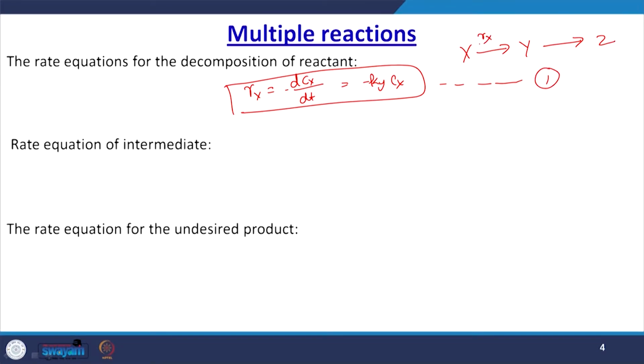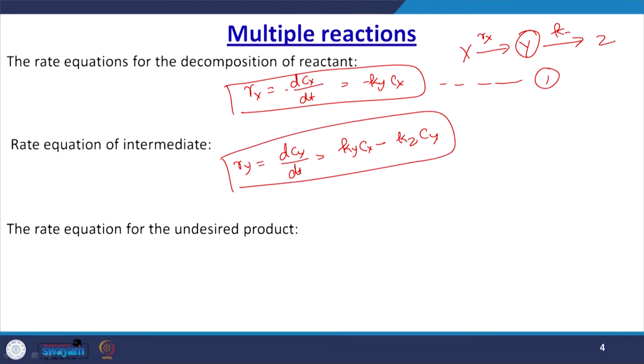Similarly, if I write the rate equation for the intermediate Y, then Ry is equal to dCy/dt. Since it is constantly being formed as well as constantly being consumed, we can write kx Cx minus kz Cy, that is equation number 2.